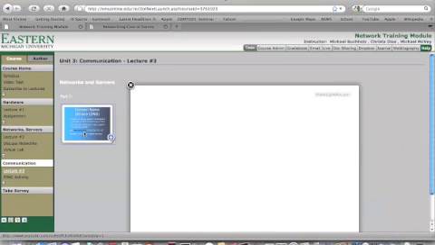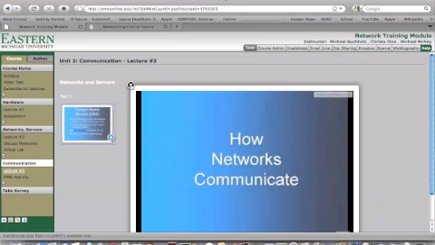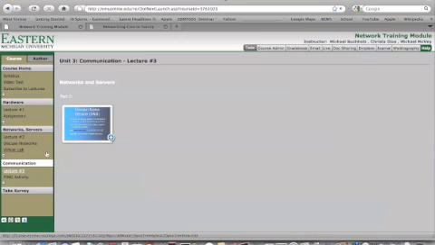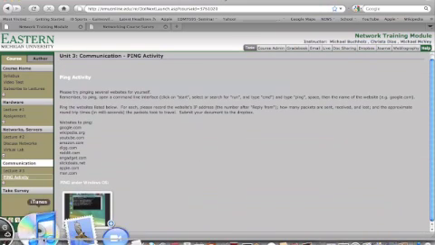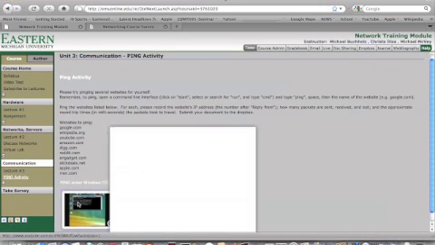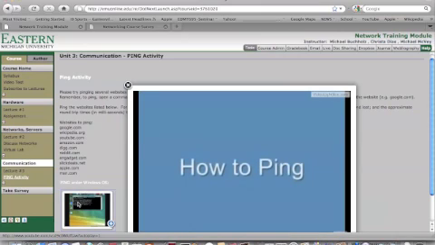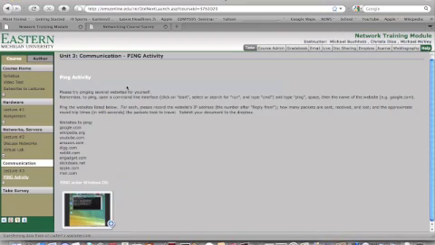You see that it is the same as the other two. And here we also have the ping activity. We're going to talk about the ping command, and this one also provides a video lecture. In order to ping, if you're using Windows, these are all the same videos that are available through the RSS feed. After they're done with the unit, we've asked the student to take a survey.